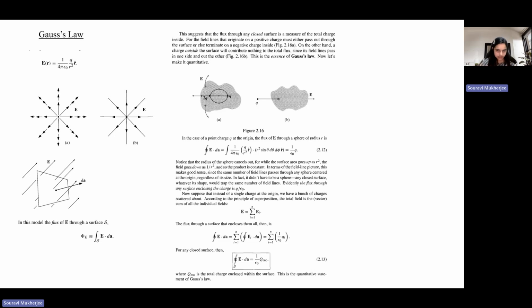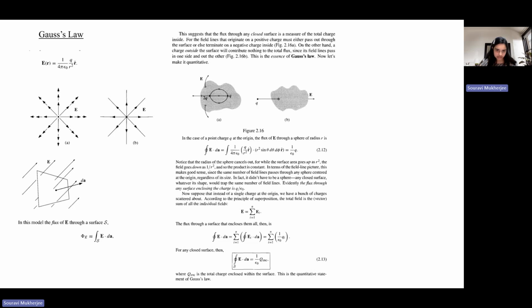There'll be an equal amount of flux going into the region and going out, so the net flux associated with this region would be zero. There'll be no net flux.